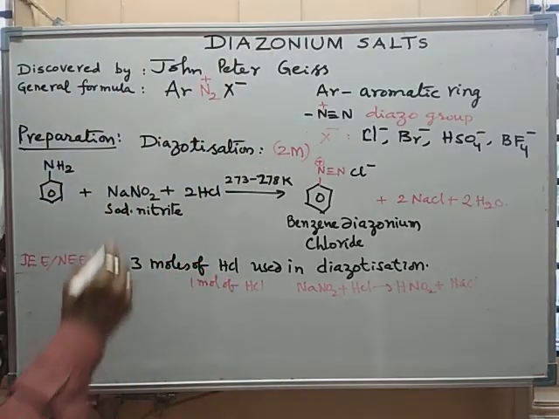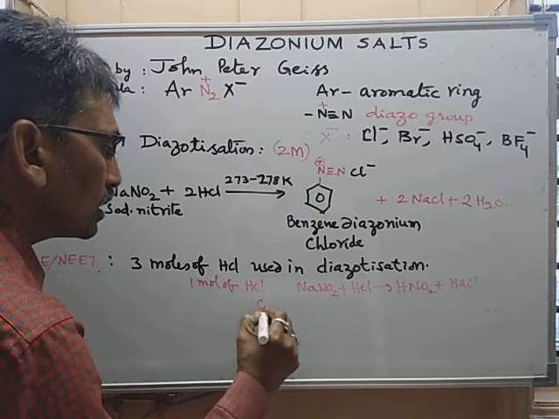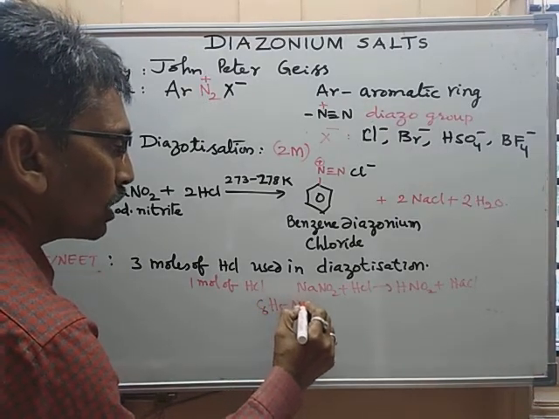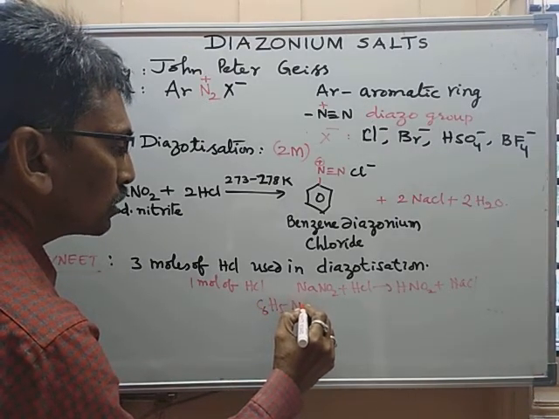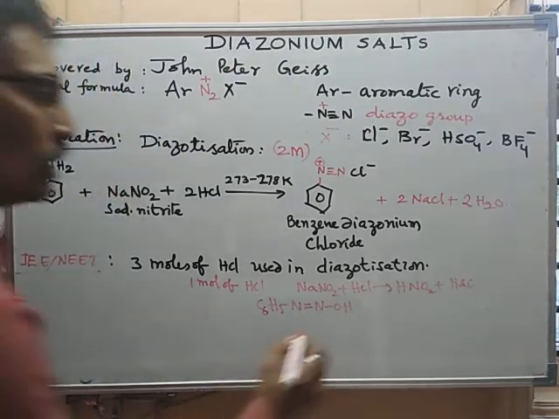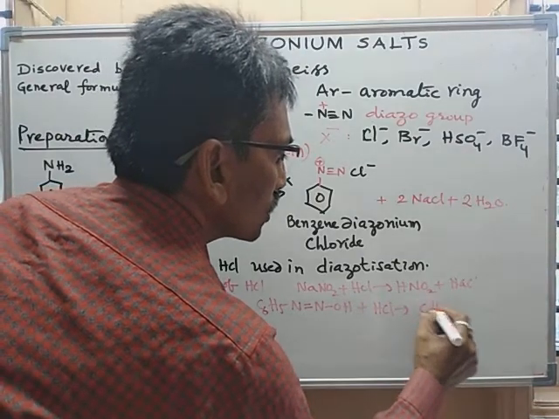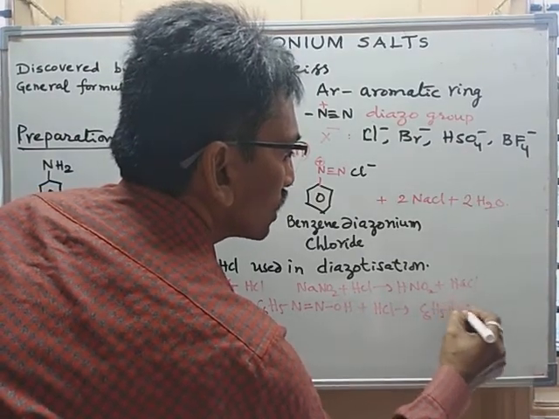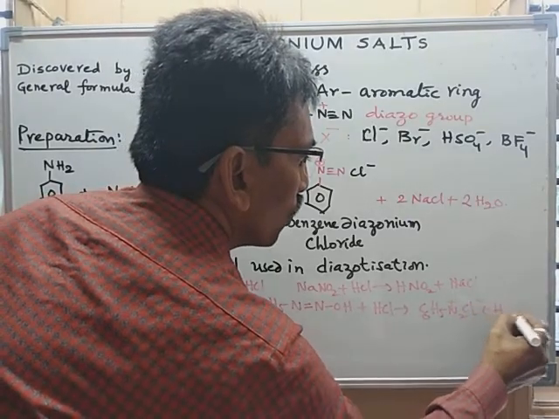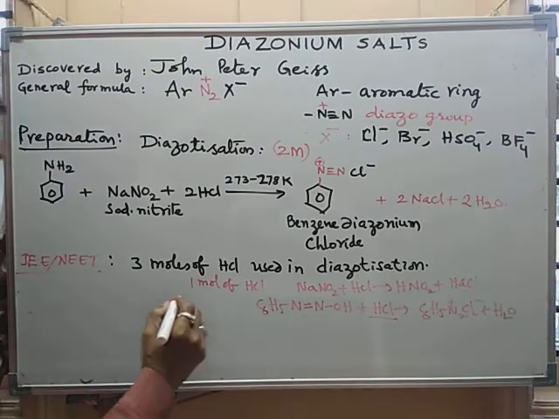Second mole here, an intermediate is formed, that is C6H5N double bond NOH, that is mixed with HCl to form C6H5N2 plus Cl minus plus H2O. And third mole, this is second mole.